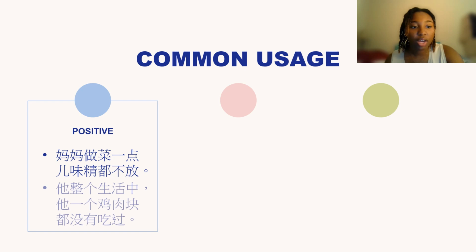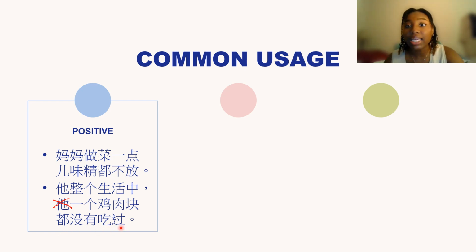And then, moving on, you can also use it to show your virtue. The things you've done or not done. So, 他整个生活中, they can either way work. 他一个鸡肉块都没有吃过。鸡肉块是什么？鸡肉 is chicken meat, 块 is piece, chicken nuggets. 鸡肉块都没有吃过。It's never eaten in the past.